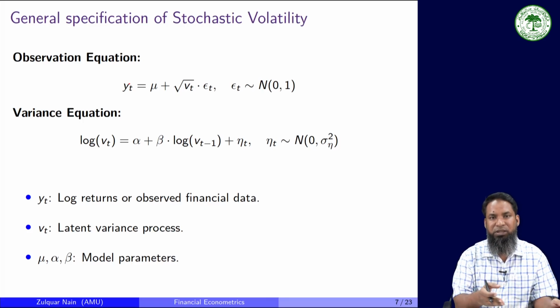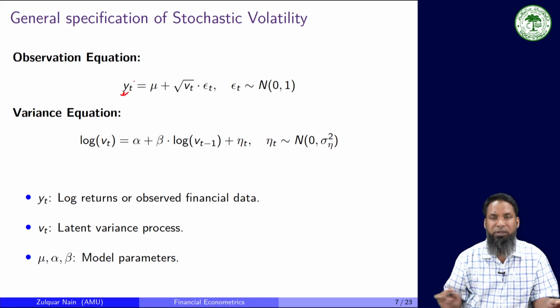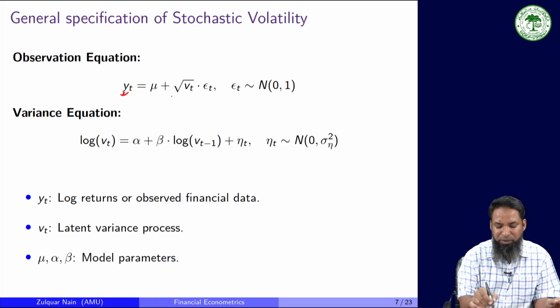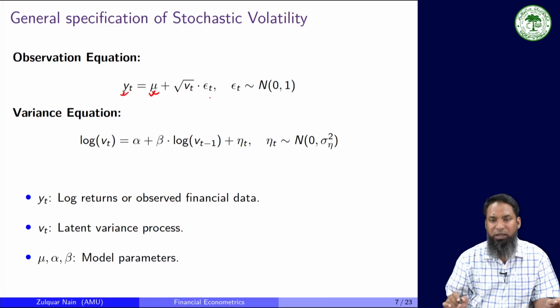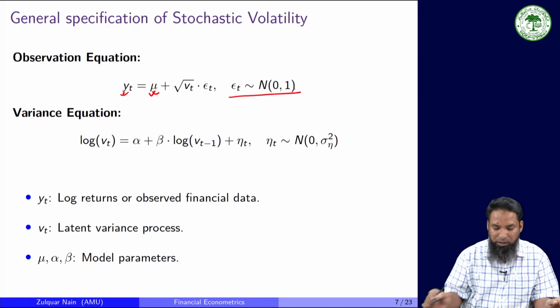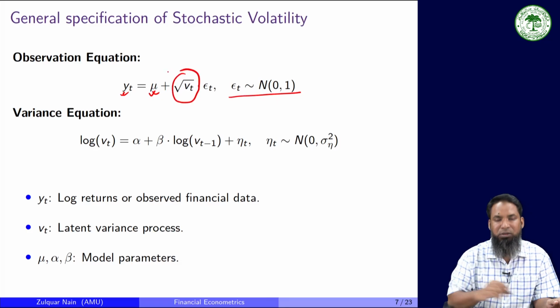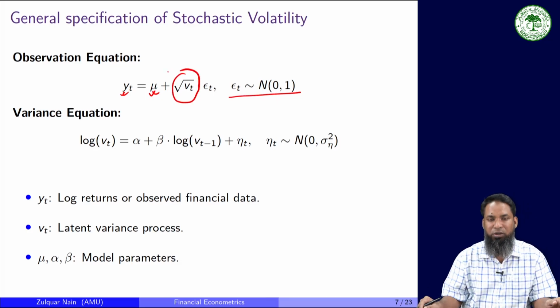So this y t is basically the return series here. Then the main equation is mu plus square root of V t times epsilon t, where epsilon t follows a normal distribution.